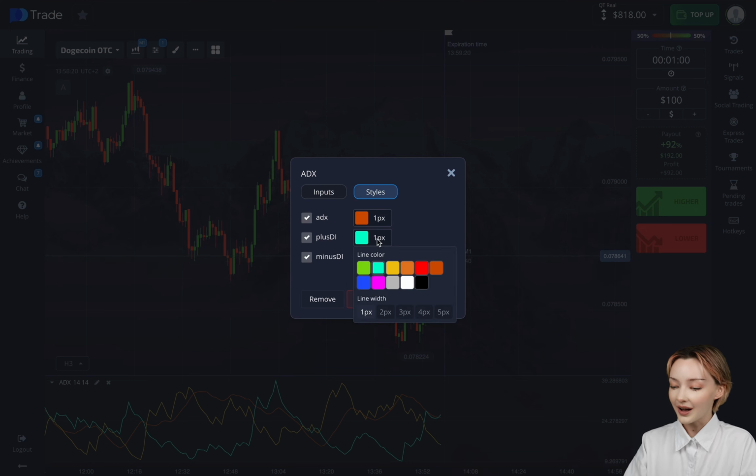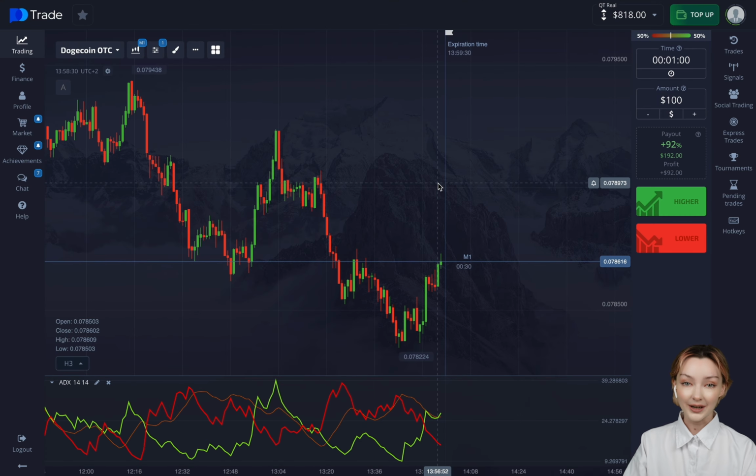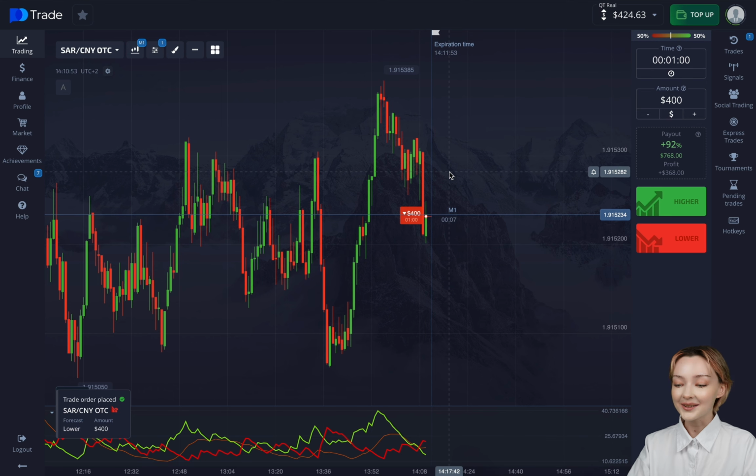We're changing the color of the plus DI option to green and making it 2 pixels bold. The minus DI ought to be red and 2 pixels as well. Now I'll let you guys watch the video real quick. Let's quickly watch the video all together and get back to trading in literally 30 seconds. So let's get to trading itself.